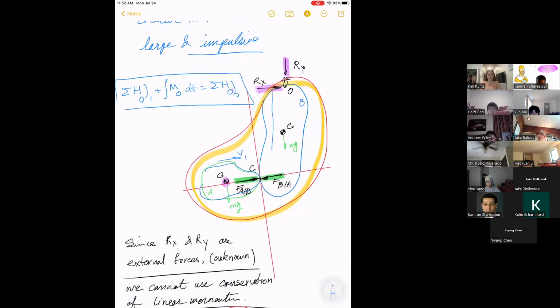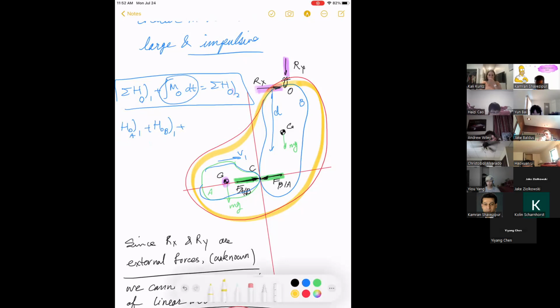If we get the distance d, you can find H about O for object 1, like H about O for A plus H about O for B. How much is the moment applied around point O?